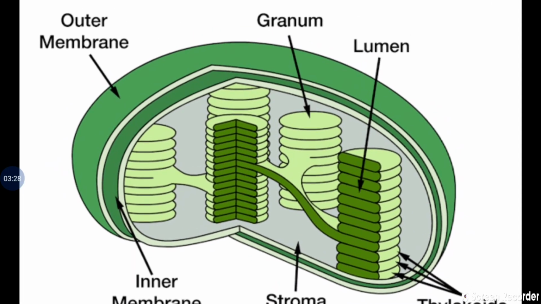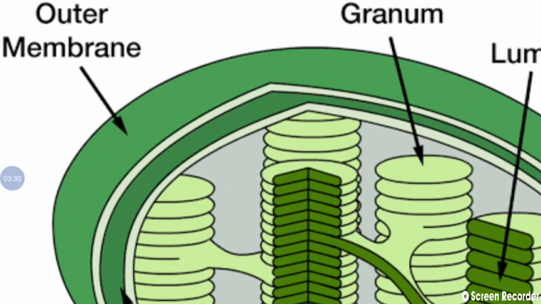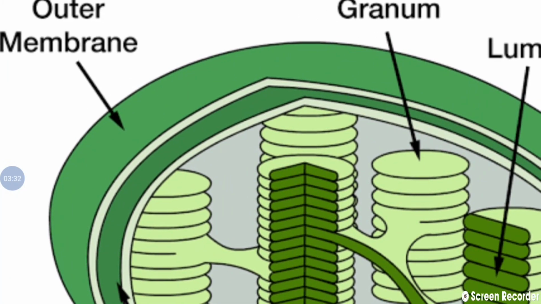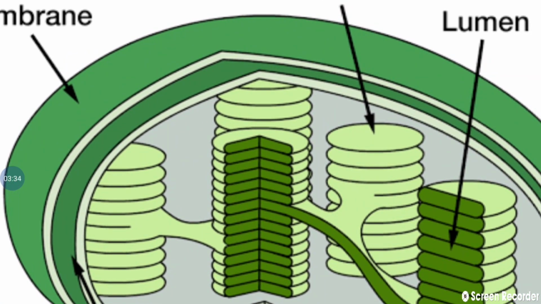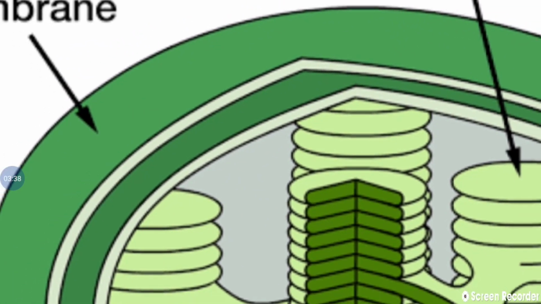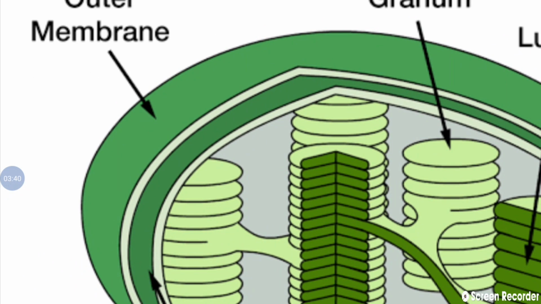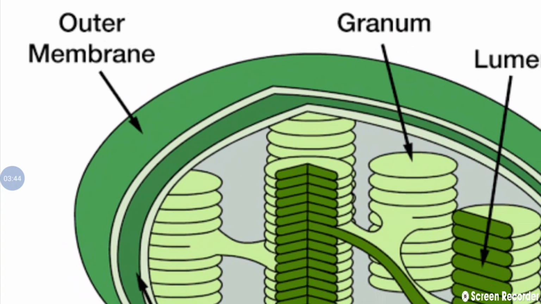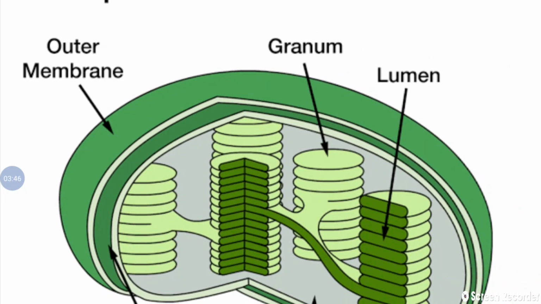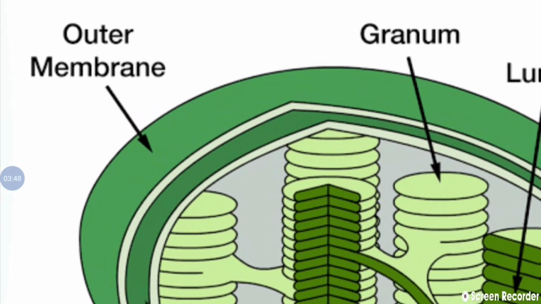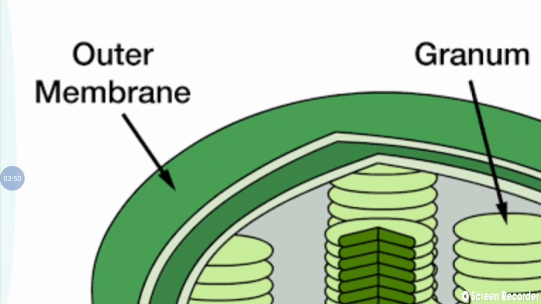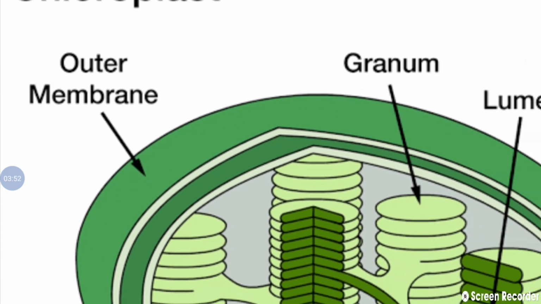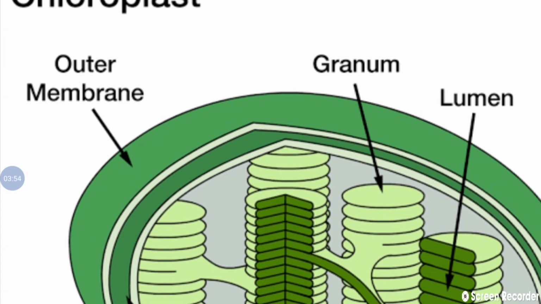These chloroplasts are surrounded by two membranes. So the chloroplast is called a double membrane bounded cell organelle. The peripherally located membrane is called the outer membrane.